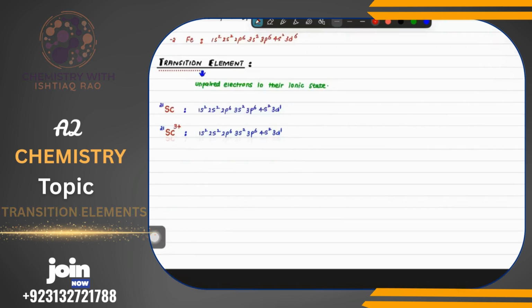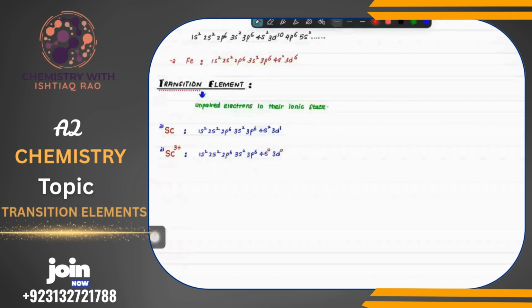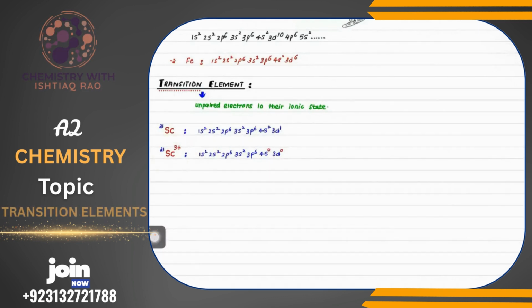So I have removed 3 electrons, two from the 4s and one from the 3d, isn't it? So it's 0 and it's 0. Okay, understood? Then what we have to see, after becoming an ion, is there any unpaired electron?